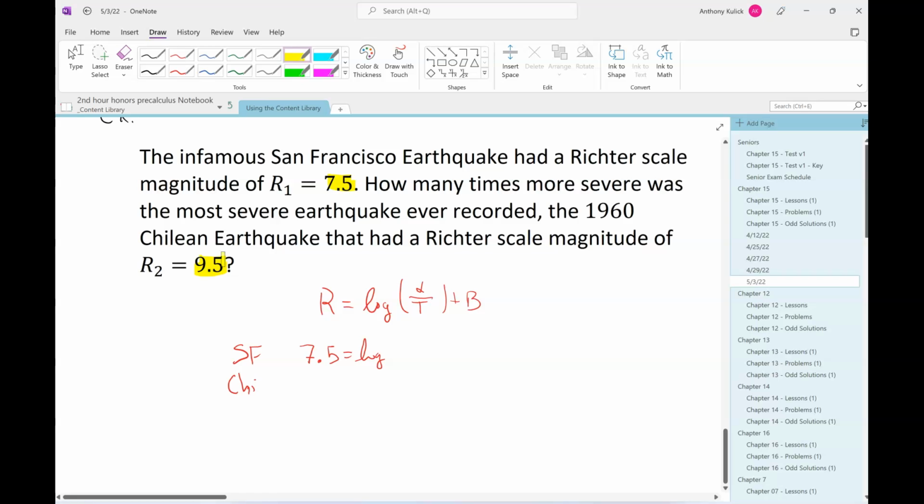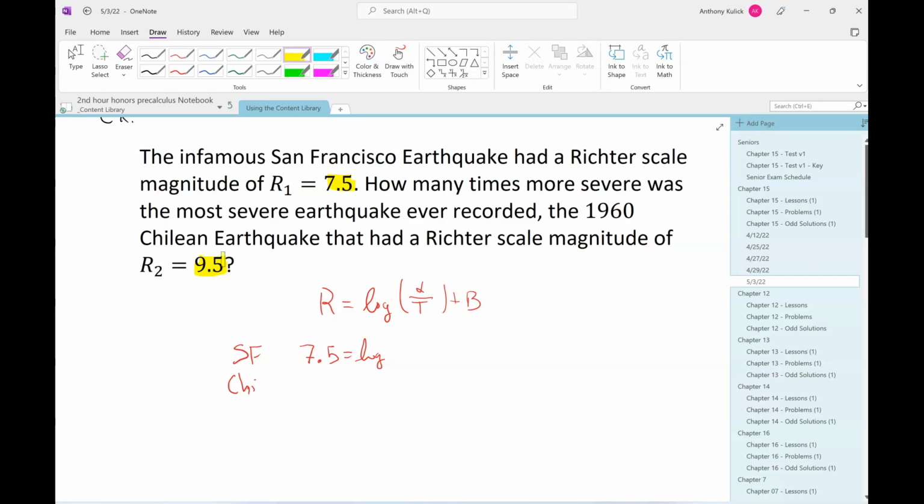So we can assume that the B's are both essentially 0, because we have the already corrected Richter scale measurement. Does that make sense to you guys? Since we're looking at the thing that's already been corrected to how intense it would be at the epicenter, we can just assume the B is 0, or you could assume the B's are equal. Either way of thinking about it is okay. Cool with that?